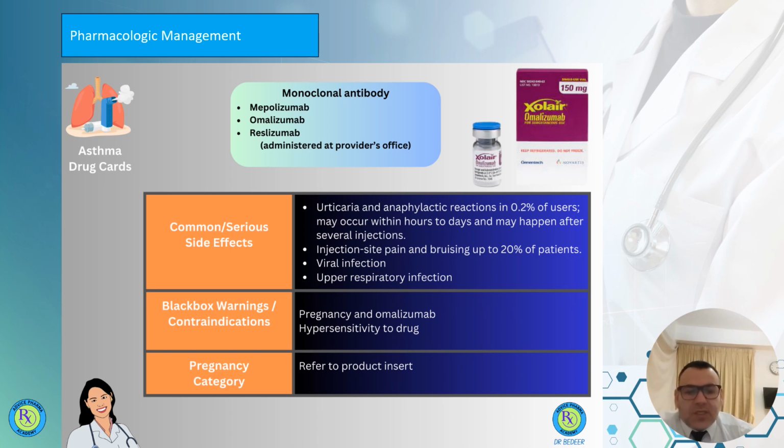As they are injections, the patient may have injection site pain and bruising. Urticaria and anaphylaxis can happen, and this can happen with any injection. Contraindications are pregnancy with omalizumab, and hypersensitivity to the drug, and the pregnancy category depends on the product, each product from this list.